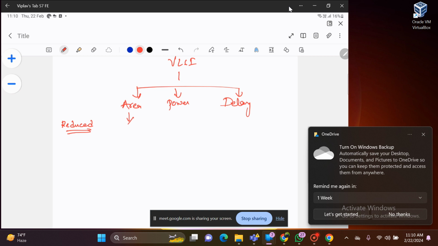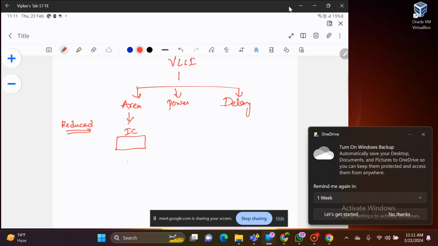When you observe the ancient computer, it was room size, but now we can handle it in a pocket. That's why area, power, and delay are all getting reduced. Area means the chip size.